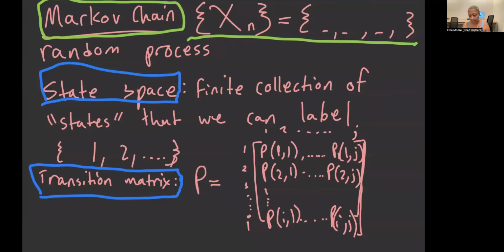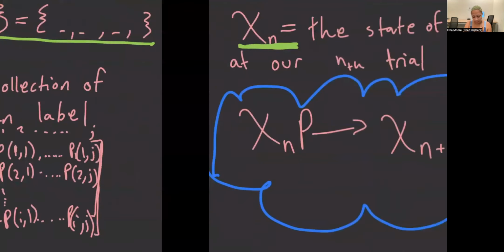I've shown that example here with this matrix that goes up to the ijth probability.